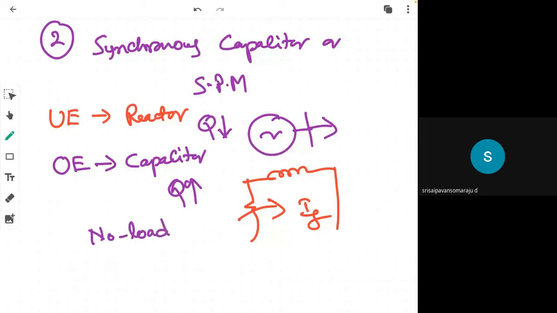Therefore, active power supplied by the synchronous phase modifier is approximately 0. It consumes only its losses, a very low amount, P loss. This is the design of the synchronous capacitor and its operation under overexcited and underexcited modes.